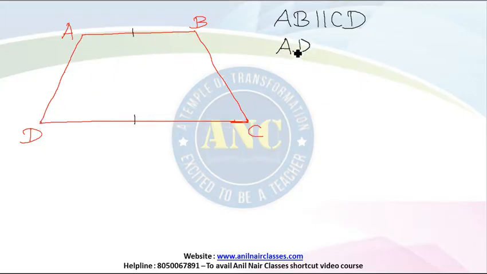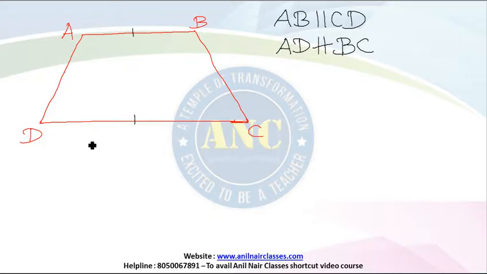That means AB is parallel to CD, and it is also very important to say that AD is not parallel to BC. Two opposite sides will be parallel and the other two sides will be non-parallel. Such quadrilaterals are referred to as a trapezium, right?